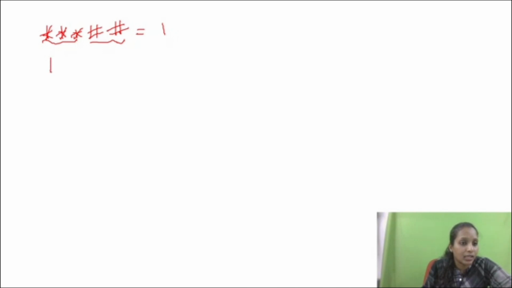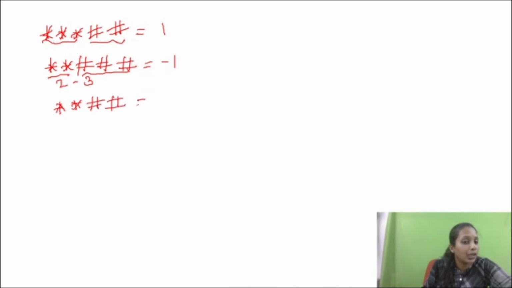In the second case, let's take the number of hash being greater than the number of star. In this case, it will be minus 1, right? Because it will be 2 minus 3, which is minus 1. In the third case, what will be the output? If the number of star and hash are equal, it will be 0, because 2 minus 2 will be 0.